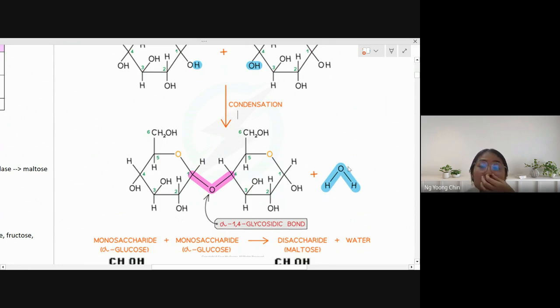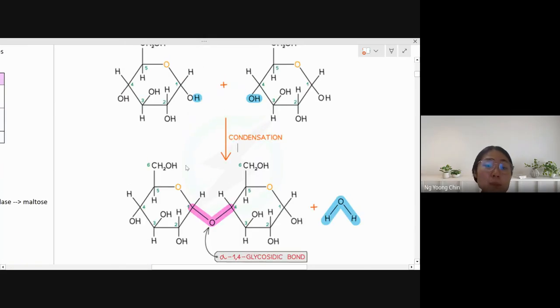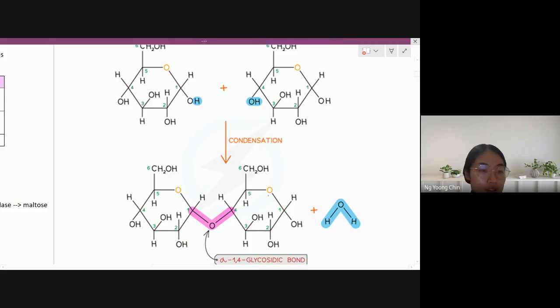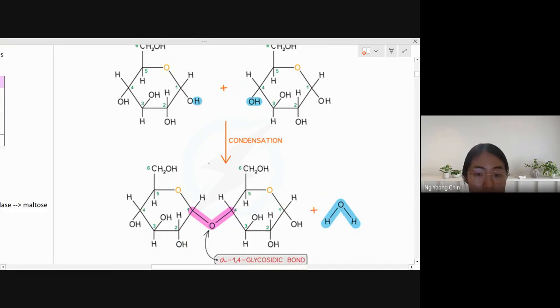However, if you want to split this disaccharide back to become monosaccharides, like this. My drawing table has some problem.